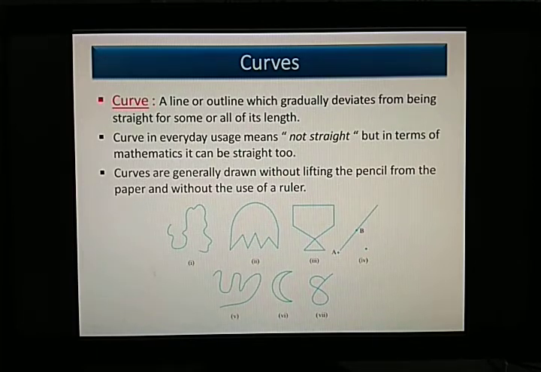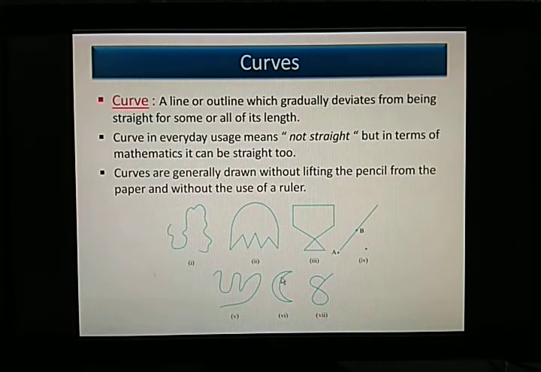So since we are not using any ruler and we are drawing it freehand, definitely even a straight looking line can be considered as a curve, because it is not a perfectly straight line. It looks like a straight line, but still we can consider it as a curve since it is drawn freehand.